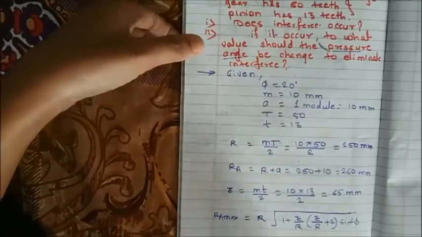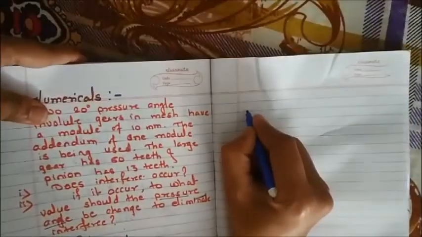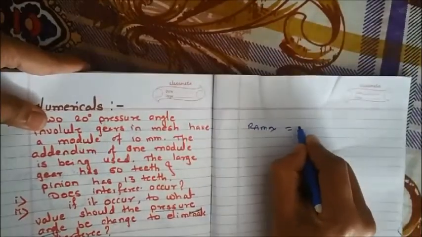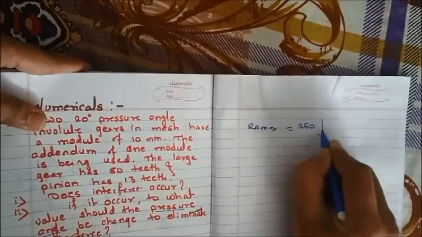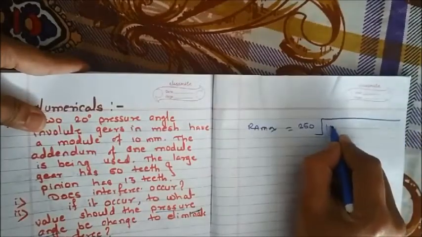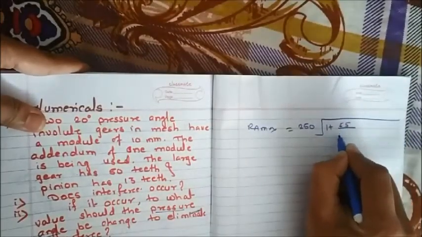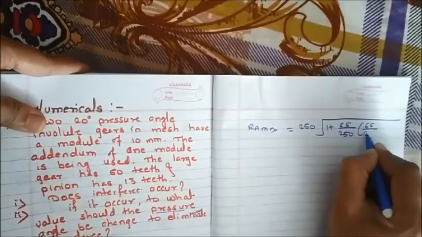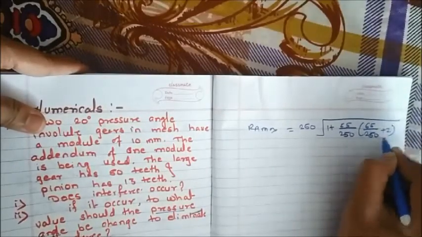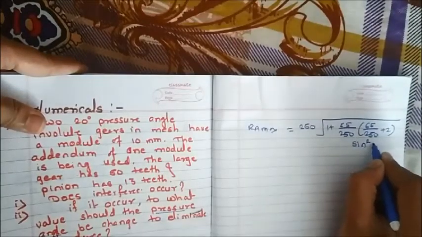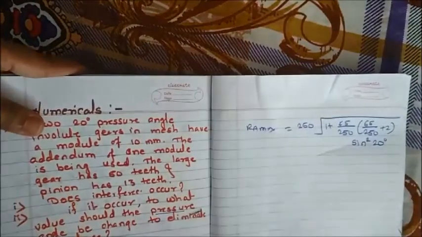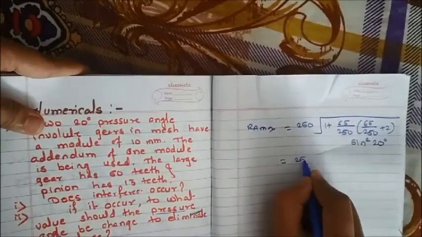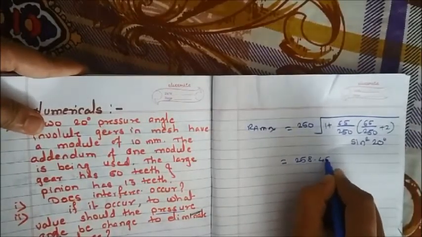So let's put in the values. We get RA max is equal to 250 under root of 1 plus 65 upon 250 into bracket 65 upon 250 plus 2 into sine square phi, with phi as 20 degrees. Just do this calculation. We get RA max as 258.45 mm.